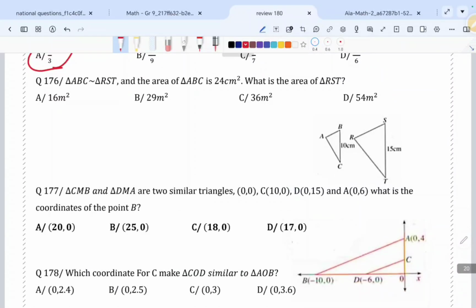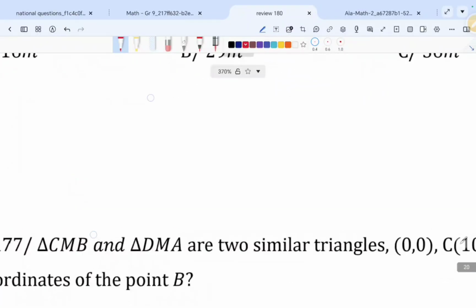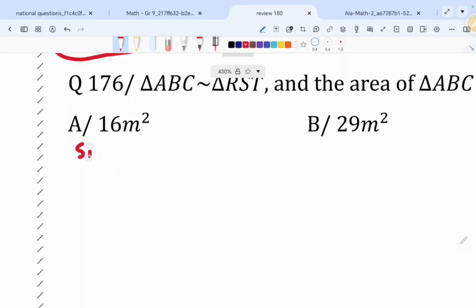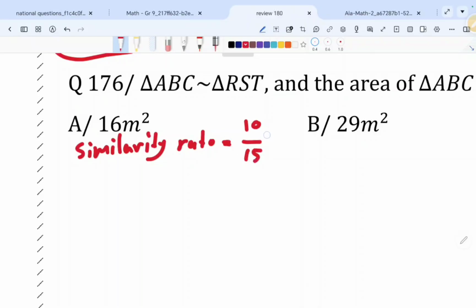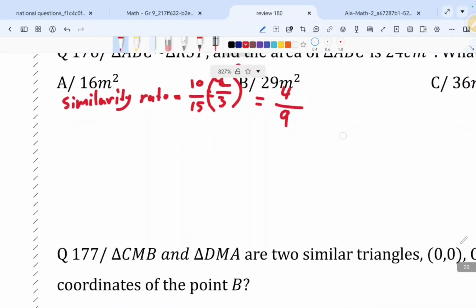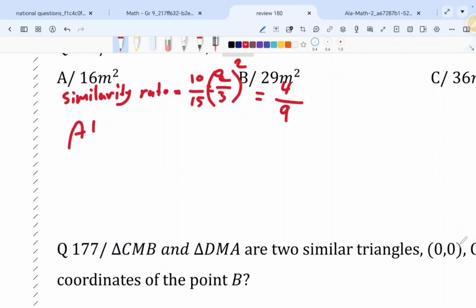And we solve this one. You have to find the similarity ratio. Similarity ratio is equal to 10 out of 15, which is equal to 2 out of 3. Okay. Power 2, because they ask about area, so it will be 4 out of 9. The first area was given, area 1 out of area 2 is equal to 4 out of 9.